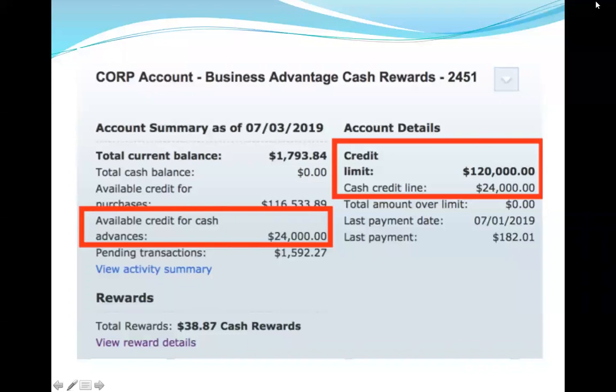The credit limit is 120,000, and the cash credit line is 24,000. What that means is that you can go to the bank tomorrow and get the 24,000 in cash. That's simple.